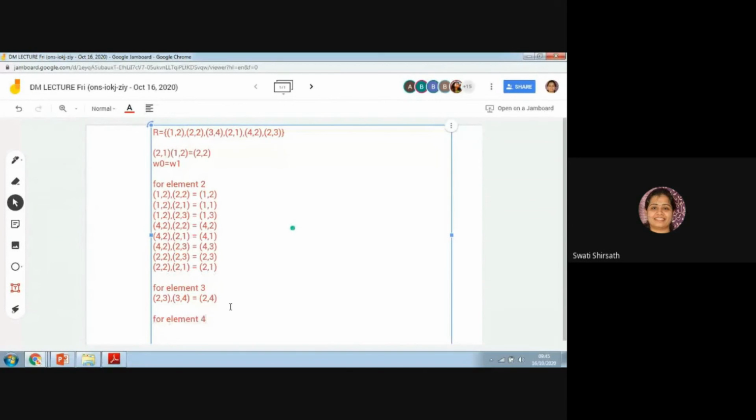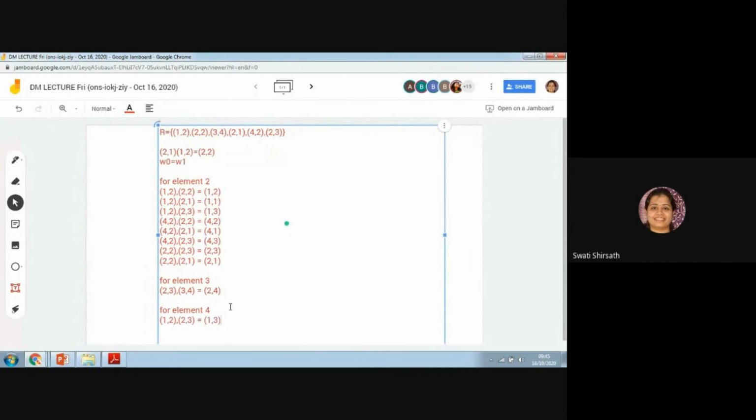So how many pairs are there for 4? 3, 4 and 4, 2. Only 2 pairs are there. 3, 4 and 4, 2 will give us 3, 2. Is it there in W3? No. So you will add 3, 2 in W3 and you will keep other pairs which are marked 1 as it is.